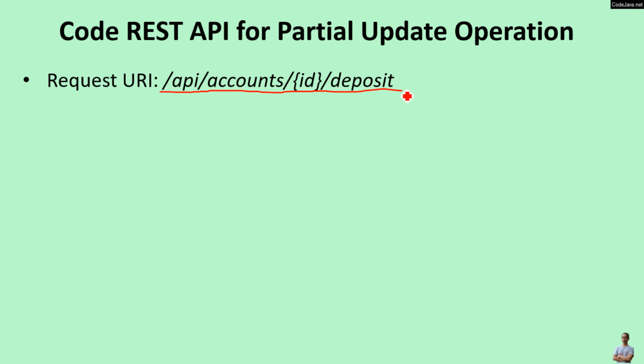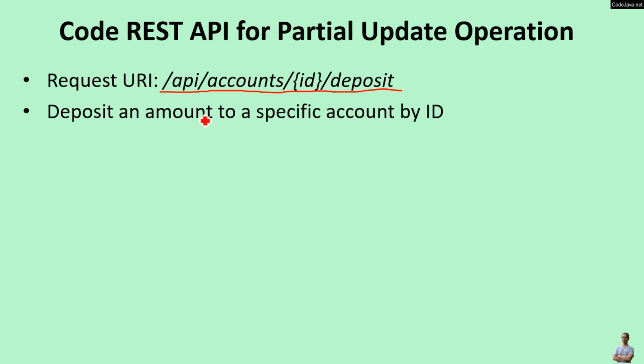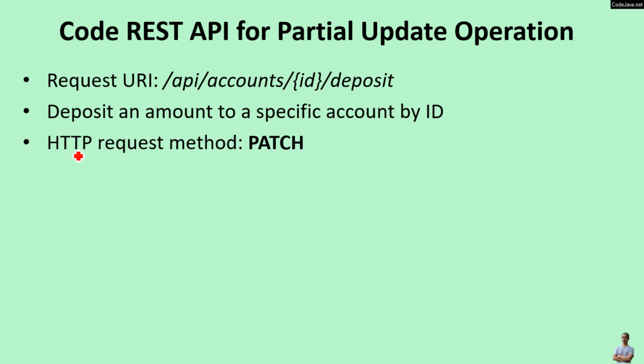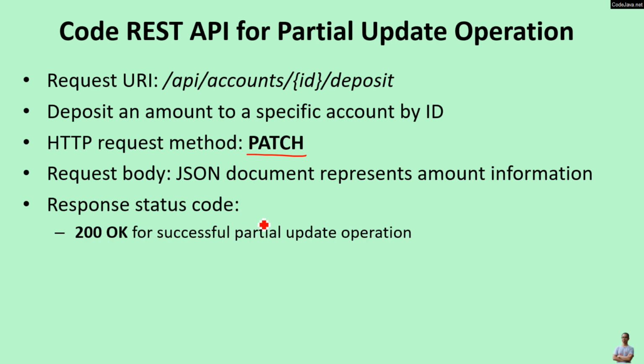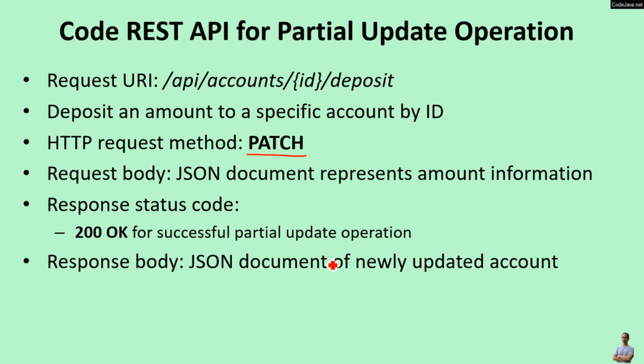So the purpose of this partial update API is to deposit an amount to a specific account by ID, and the HTTP request method should be PATCH, and the request body must include a JSON document that represents the amount information, and the response status code should be 200 OK for a successful partial update operation, and the response body should include a JSON document of the newly updated account.